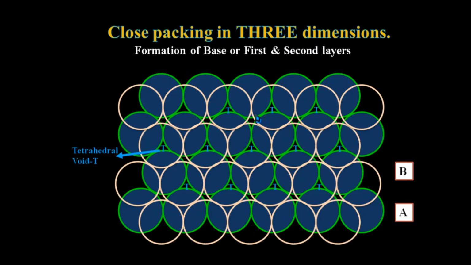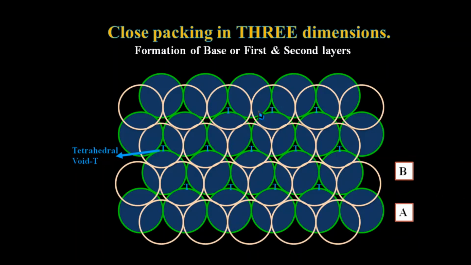This green triangular void of the base layer points downward, and this triangular void of the upper layer, formed by this pink sphere, points upward. That means they do not overlap. These voids are surrounded by six spheres, three from the base layer and three from the upper layer.